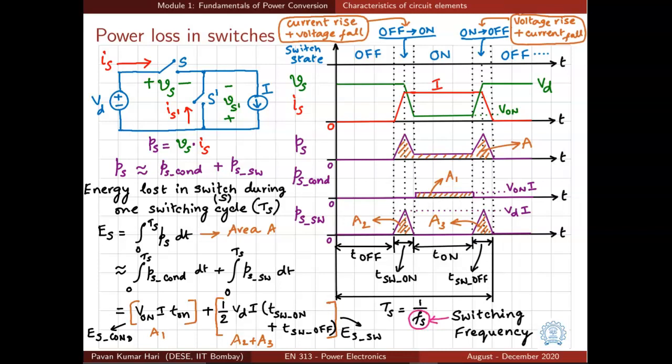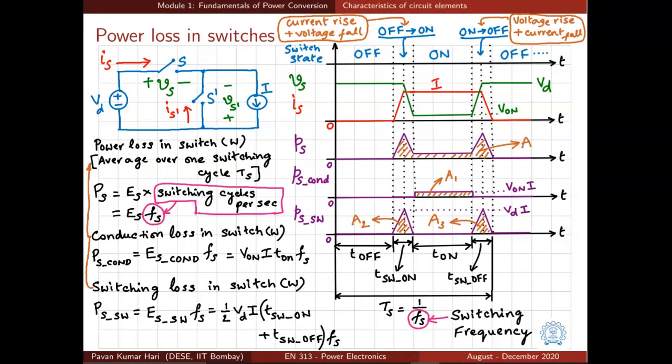The approximation is valid for most practical purposes because the times are very small. A1 is equal to V on I T on, and A2 plus A3 is equal to half VD I into TSW on plus TSW off, as shown in these expressions. And the peak value of switching loss is now VD times I, as indicated in this plot, and the peak value of conduction loss is anyway V on times I.